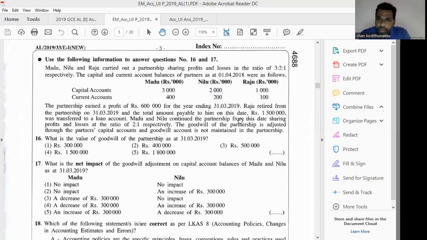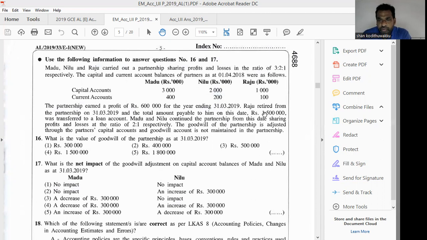Therefore, the total value payable to Raju is 1,500,000. It includes the capital account balance and the partner's current account balance. Normally, the total liability payable to Raju means the addition of both the capital account balance and the current account balance, the closing balance.